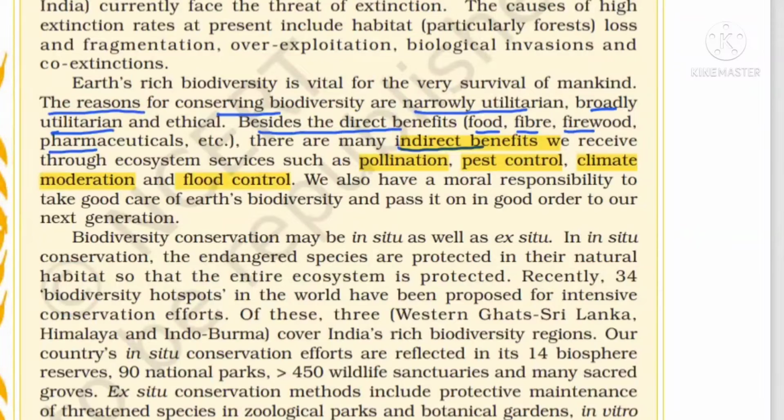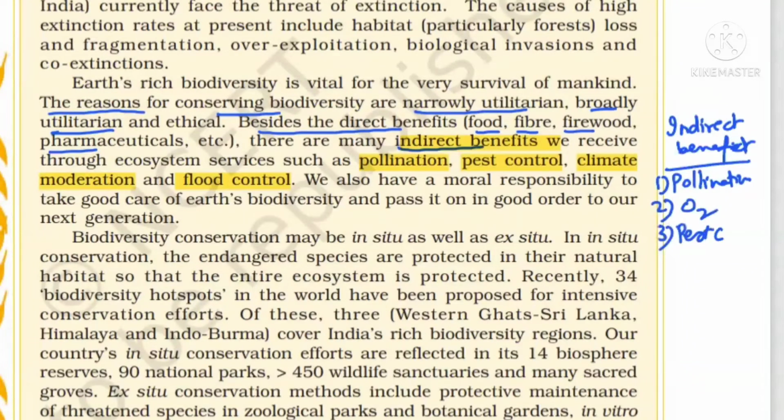So for indirect benefit, meaning broad utilitarian, we can make a list: first is pollination, second oxygen, third pest control, fourth climate moderation, fifth flood control, and sixth you can write aesthetic pleasure.